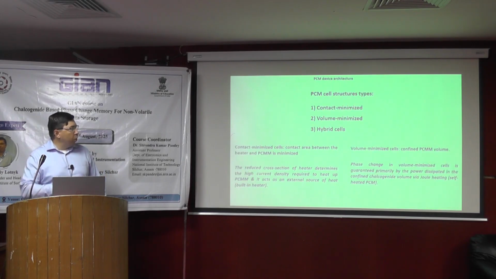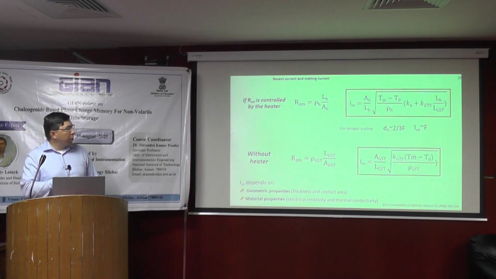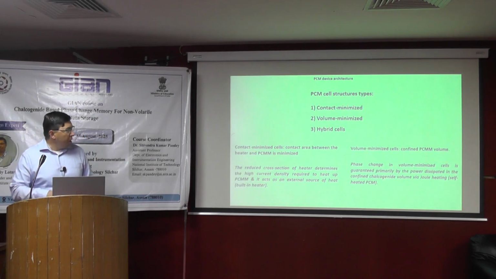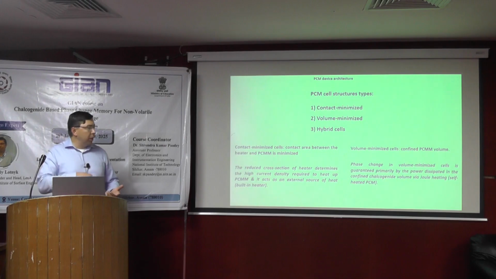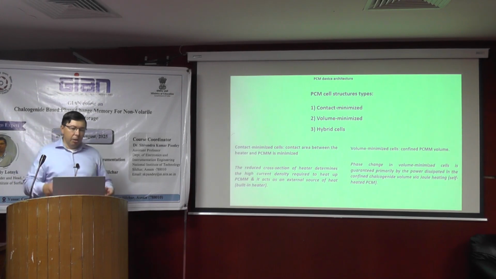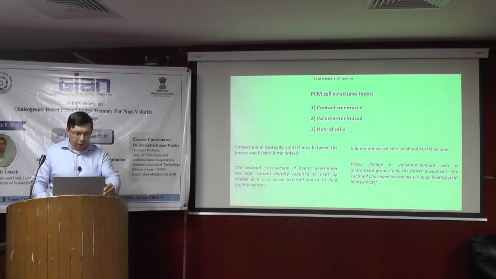In the second, volume minimized, you try to reduce the volume of your phase change material. And of course, you can think about how to combine the benefits of the two cell structure designs to get the best benefit for your device.